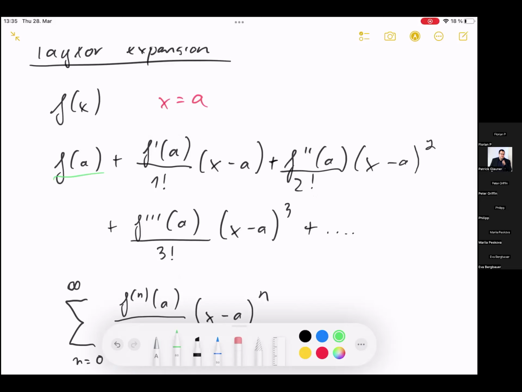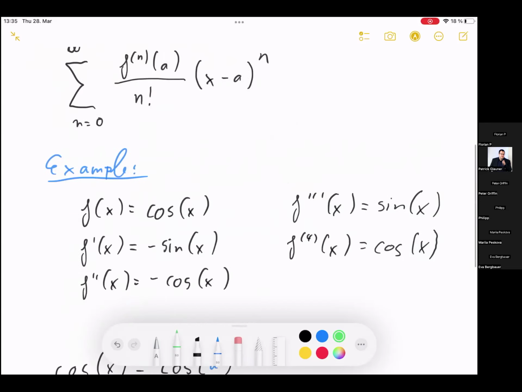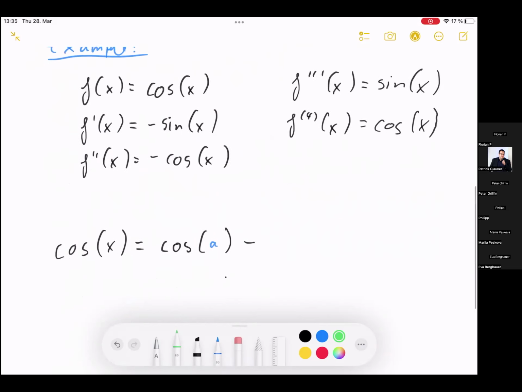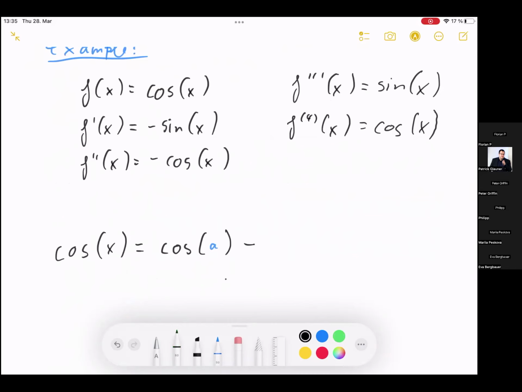Then we take the next one, which is the first order derivative of f at a, divided by 1 factorial times x minus a. We have a minus here because we have the cosine, and then we have the minus in the derivative. So minus sine at a divided by 1 factorial times x minus a.